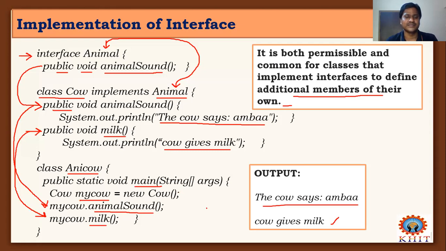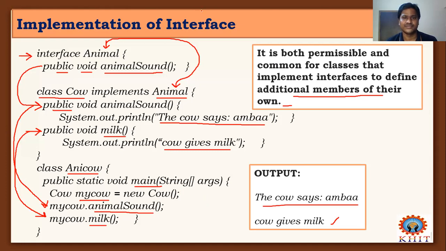So this is a simple scenario of how a class implements an interface. It must implement the methods defined in the interface, and it can also add its local methods to perform its own operations, which can be accessed using the class objects directly.